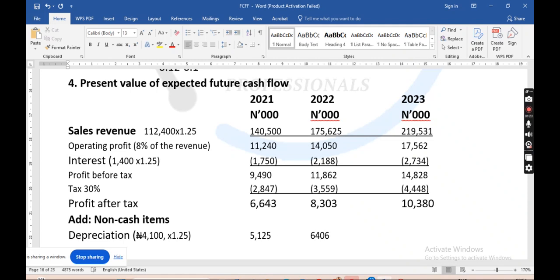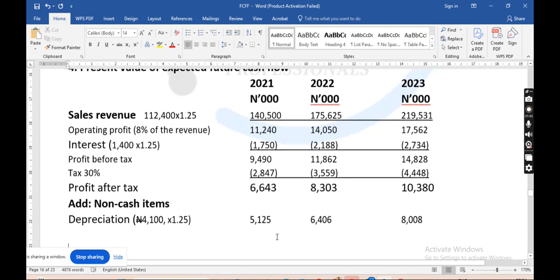What do you have again? 8008. Right? We are adding back non-cash items. So this is free cash flow to equity. I think for free cash flow to the firm we would have added back interest, right? So if this is the only non-cash expenses that we have, we move on to capital expenditure.